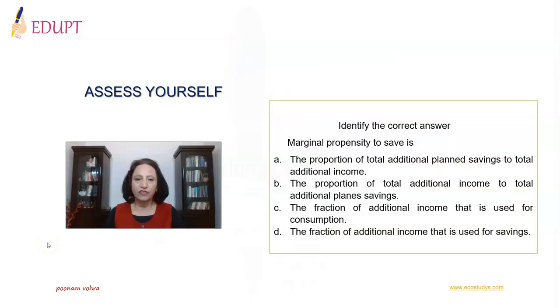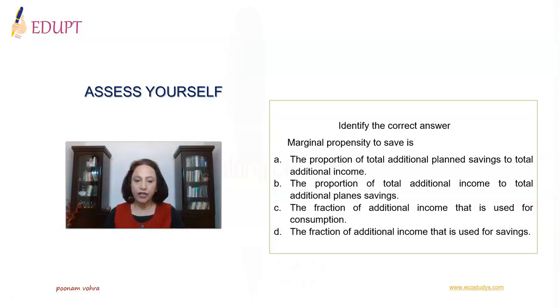Now assess yourself and identify the correct answer. Options are: marginal propensity to save is A. The proportion of total additional planned savings to total additional income. B. The proportion of total additional income to total additional planned savings.